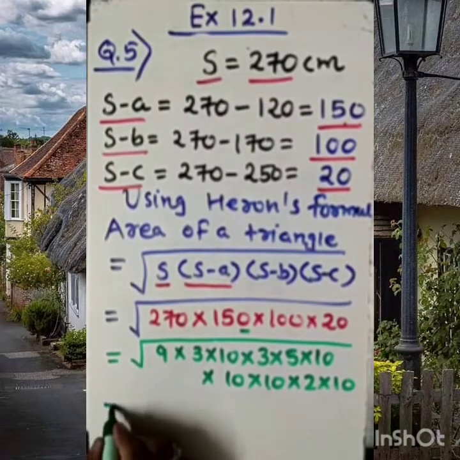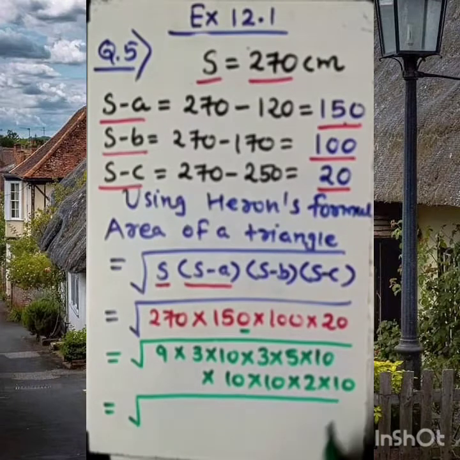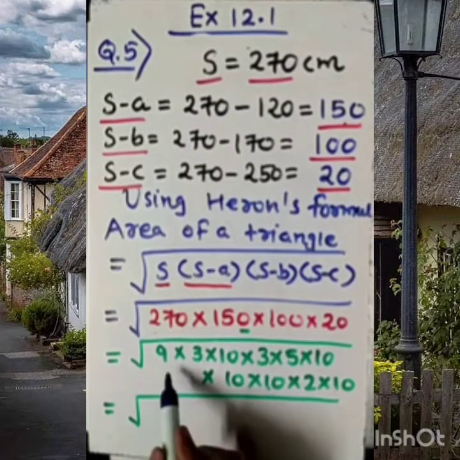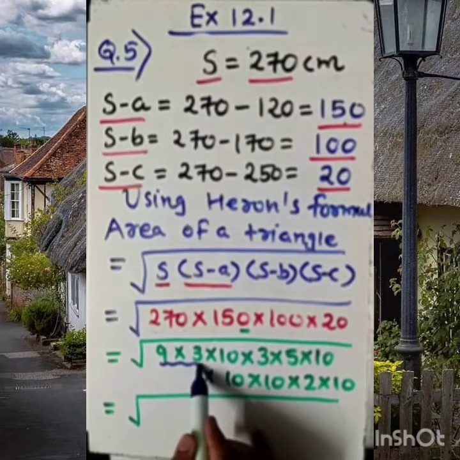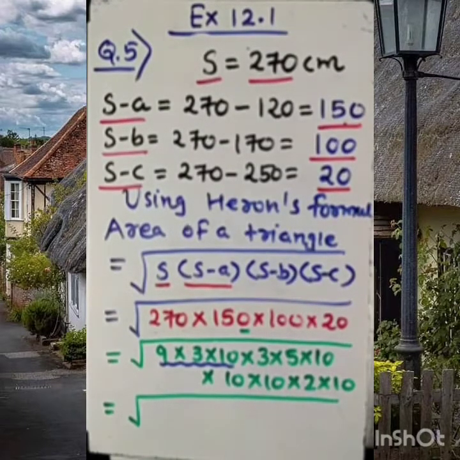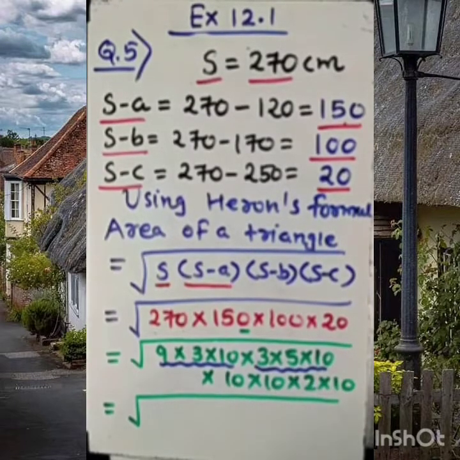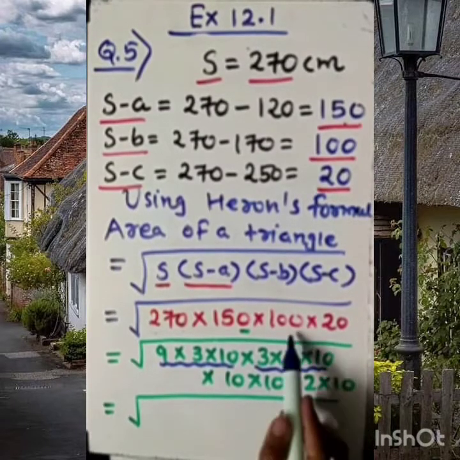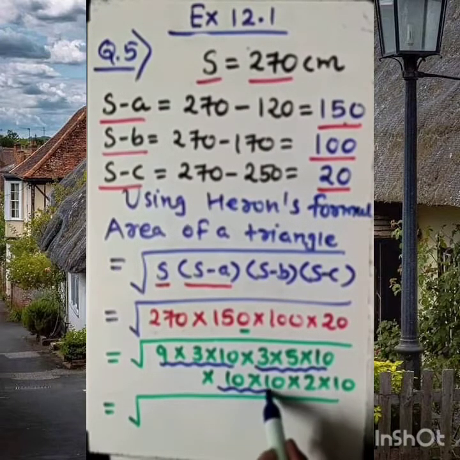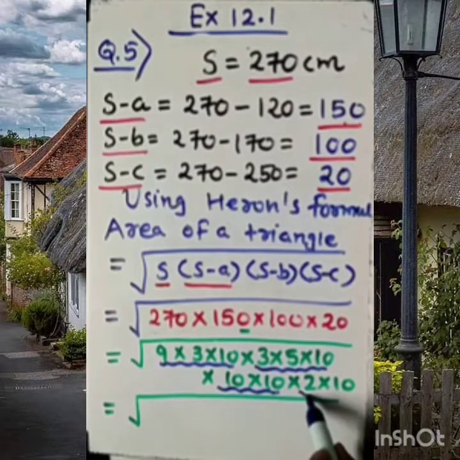My dear student, you got how I did it? Once again, I am explaining here. Look at your screen. 270, its factors: I have written 9 into 3 into 10. 150, I have written 3 into 5 into 10. Got it? And 100, that is 10 into 10, and 20 I have written 2 into 10.